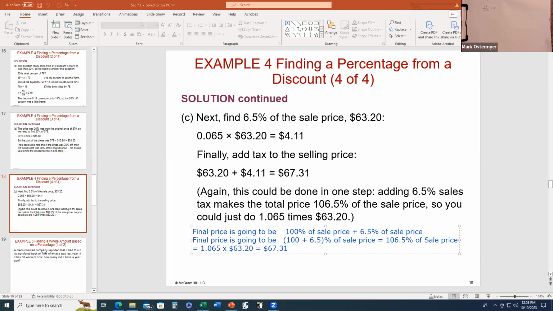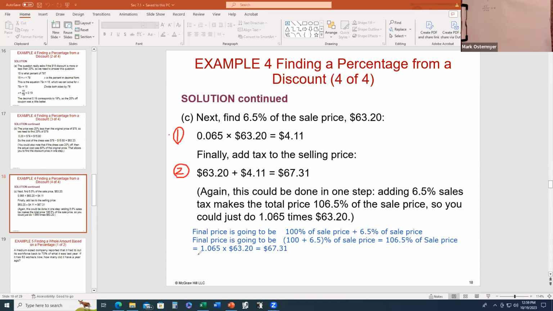So there's different ways of looking at this. Do you agree? Whether you want to do it with 2 steps. Step number 1, find the amount of sales tax we owe. And step number 2, actually adding the sales tax to the sale price.